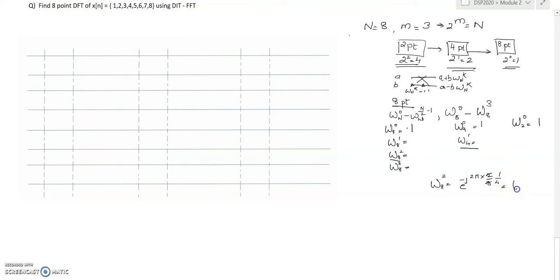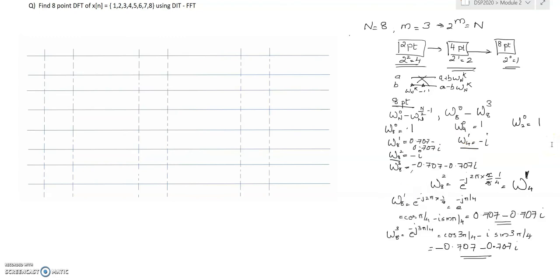So that becomes W_4^1. So I hope you have got this point. So W_8^2 can be treated as equivalent to W_4^1. That is why I said if we find these 4 factors first, then finding the remaining factors would be an easy task. So let's find out the twiddle factors.